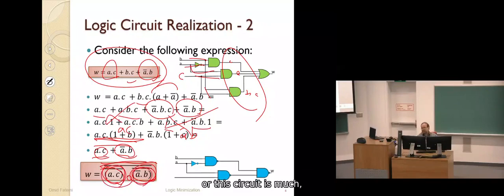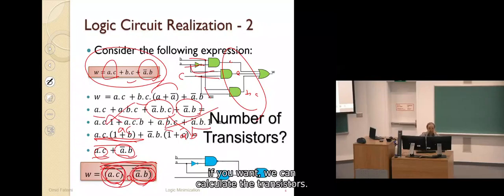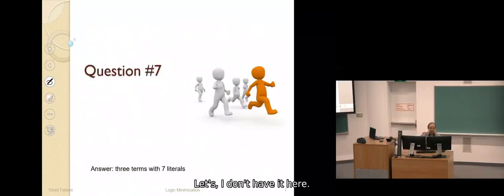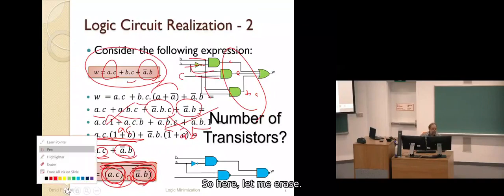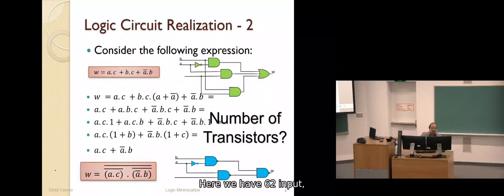The circuit is much simpler, with NAND also. If you want, we can calculate the transistors. I don't have it here, so let's calculate. So here, let me erase. Here we have 6, 2 input NAND, 2 input AND, 6, 6, 6, and 2.